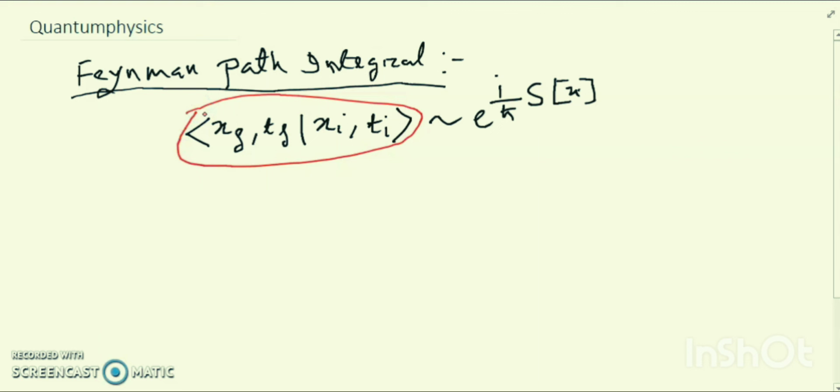Okay, so a particular path connecting xi, ti, meaning initial distance and initial time, and xf, tf must be chosen to compute the RHS. On the left hand and right hand side, we are already dealing with a scenario where we take both x and t.